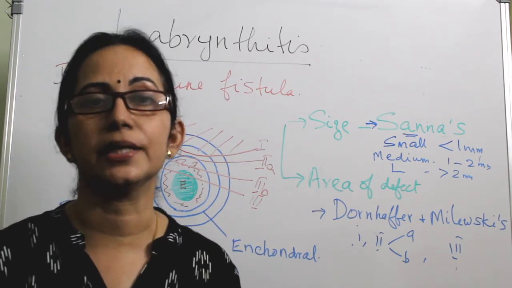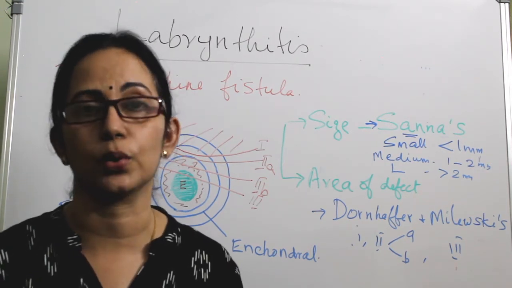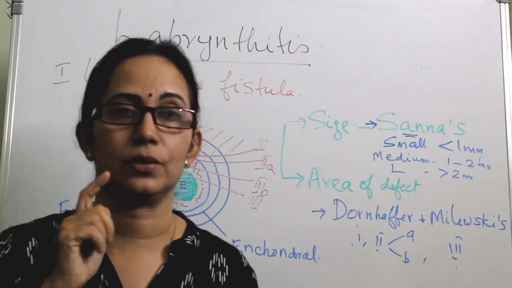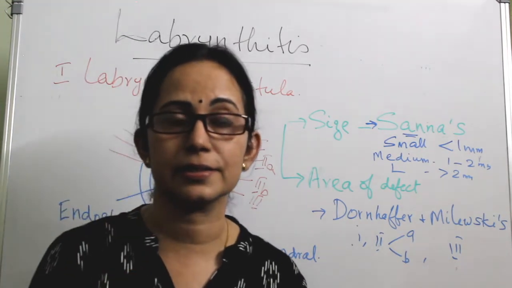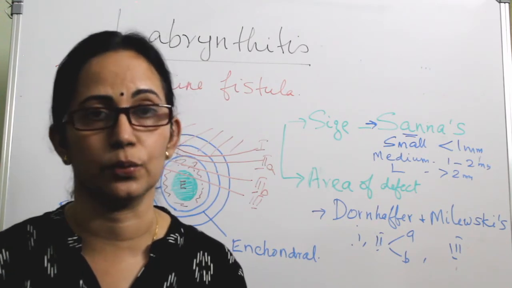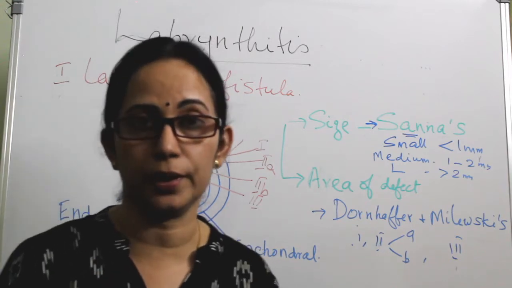Occasionally, there will be transient periods of imbalance, which may or may not be associated with nausea or vomiting. And if you do a fistula test, or if the pressure inside the ear increases, the patient may complain of attacks of vertigo. And Tullio phenomenon will be present.